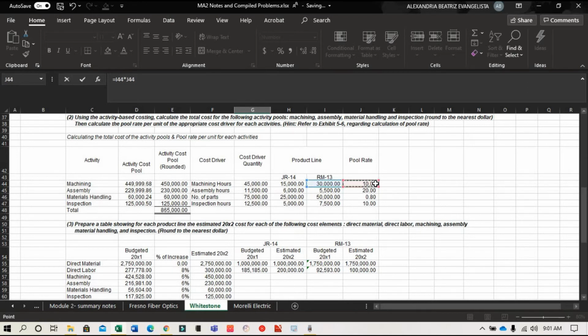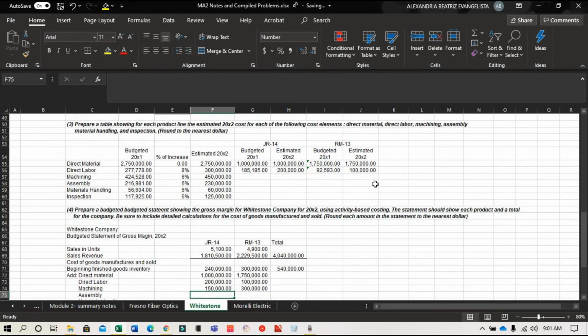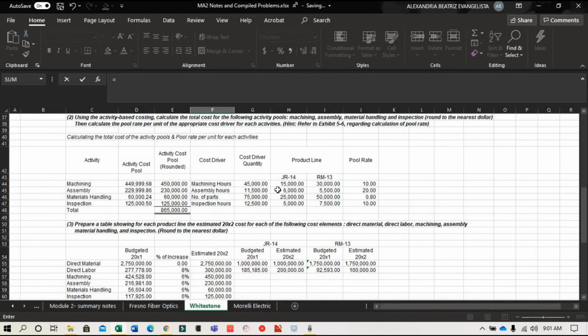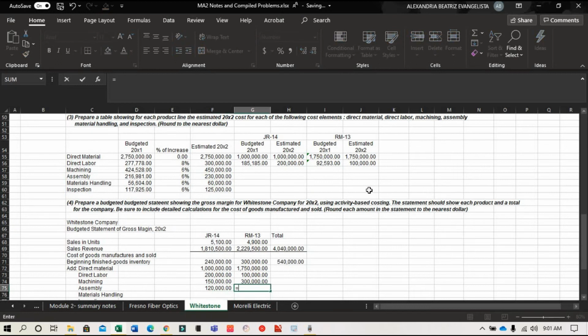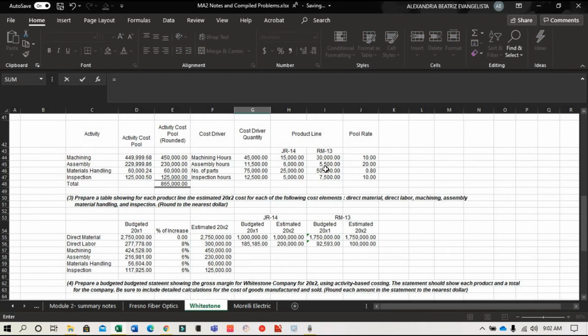For assembly, that is 6,000 multiplied by 20. For RM13, it's 5,500 multiplied by 20.